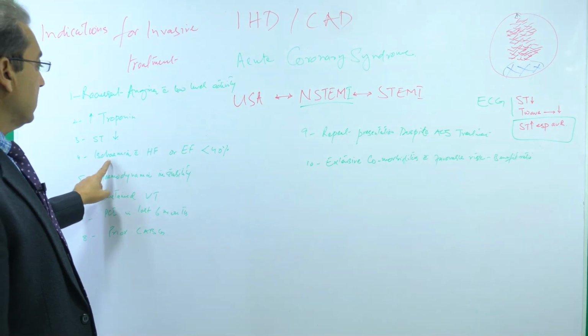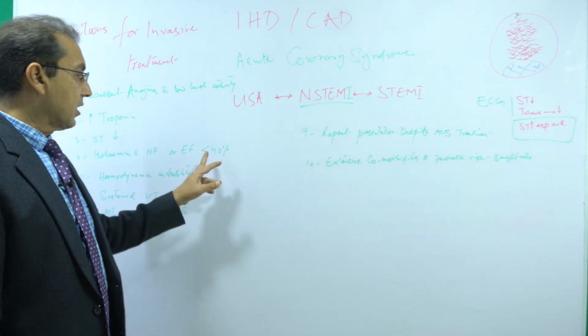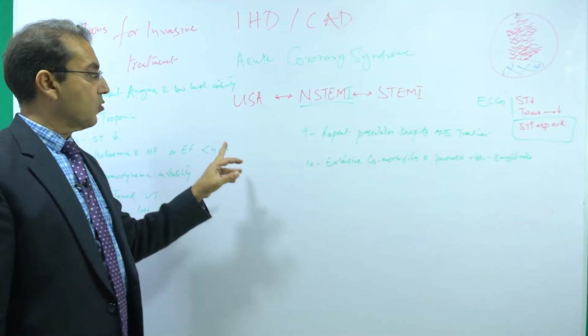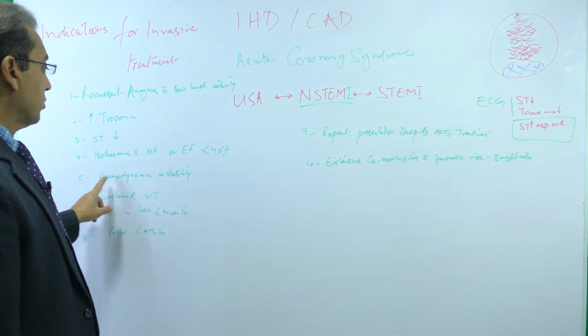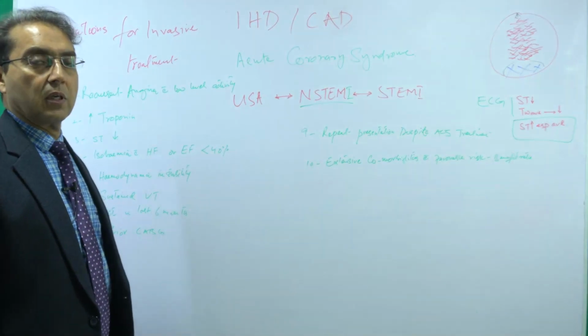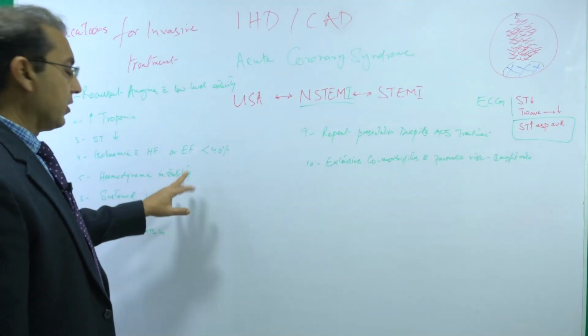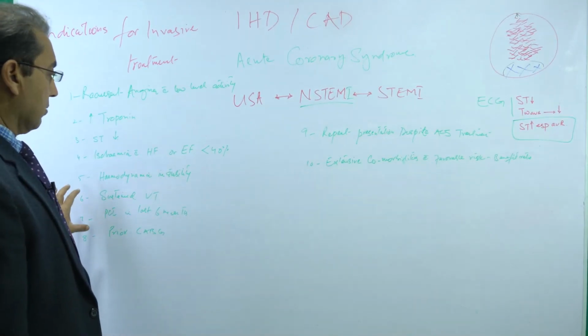Patients who have ischemia which is present with heart failure, or a low ejection fraction, that is, ejection fraction less than 40, are good candidates for percutaneous intervention. Patients who are hemodynamically unstable should again be put to angiography, and depending upon the results of angiography, the treatment should be planned.